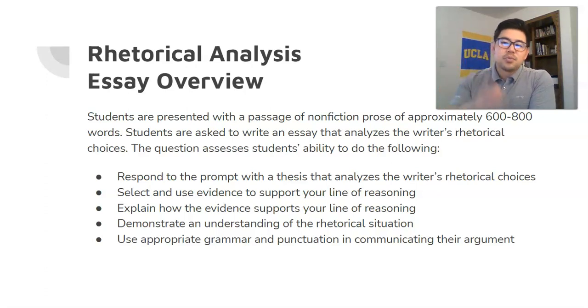And guys, let's really work on making sure that we have our thesis down in the beginning, and then use evidence to support your line of reasoning. Explain how that evidence supports your line of reasoning, and that's really the CER method, right? And make sure you delve into the rhetorical situation and use proper grammar and punctuation, all that standard English stuff.